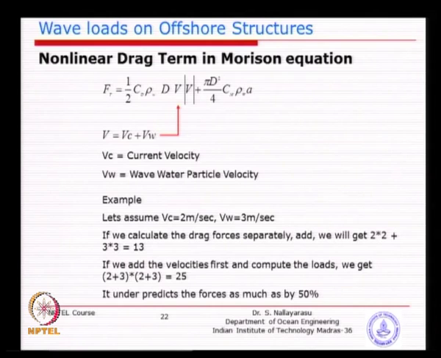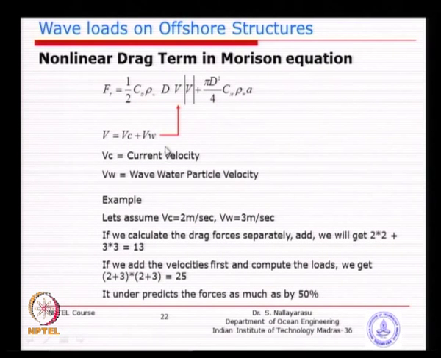Imagine the wave is going in the same direction as the current. You could think, I will calculate the wave force separately and add the current force calculated separately. In this example all other terms are constant, like diameter and density. The only changing term is the velocity.